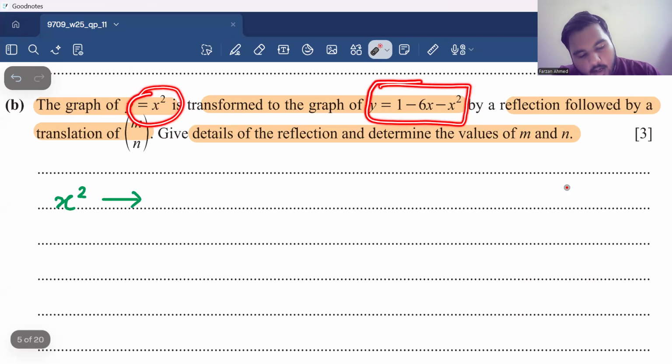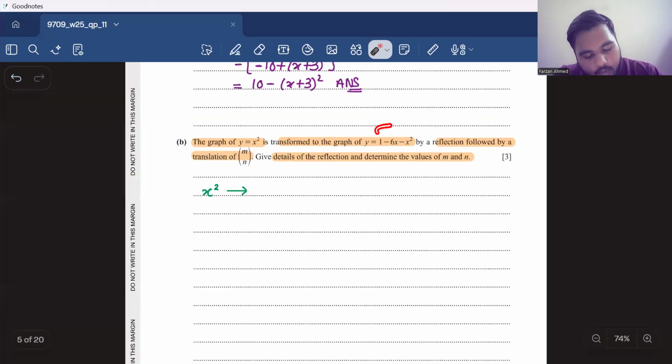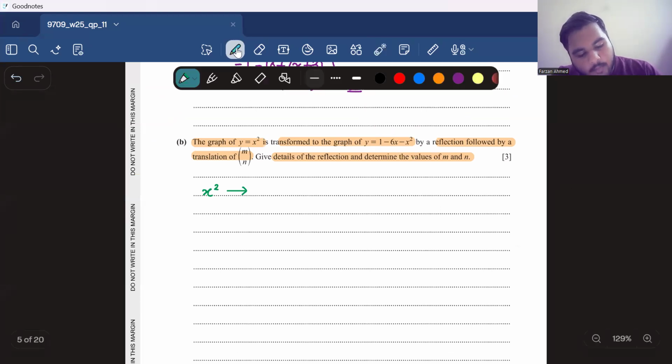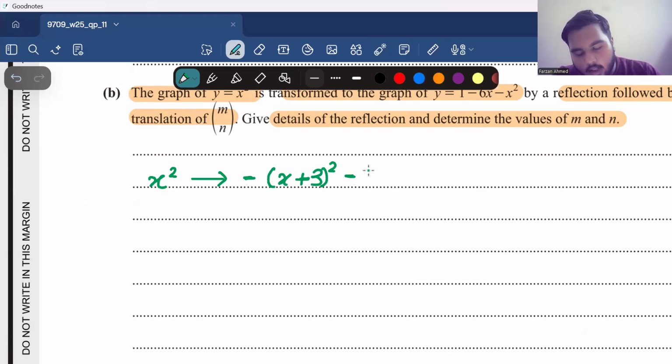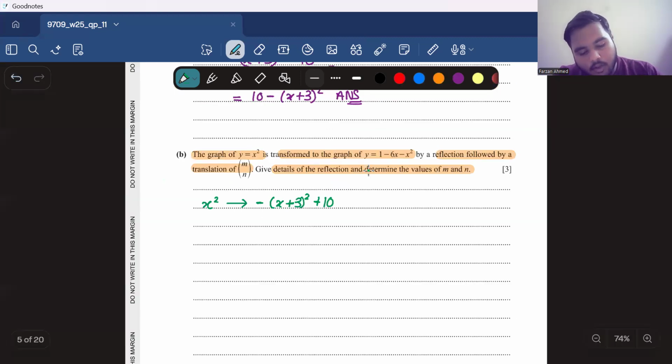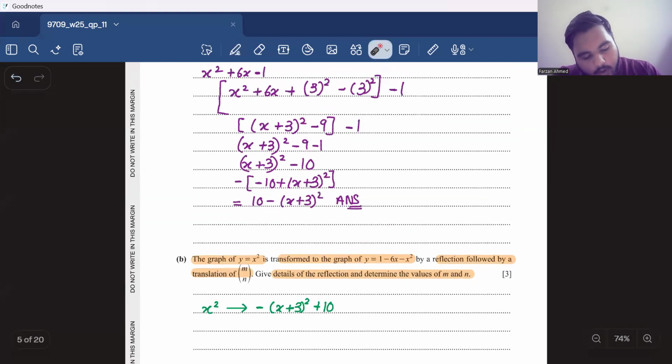In part A, we found the completing square form, so we will use it here. The form we got is 10 minus bracket x plus 3 whole square. I have used this.